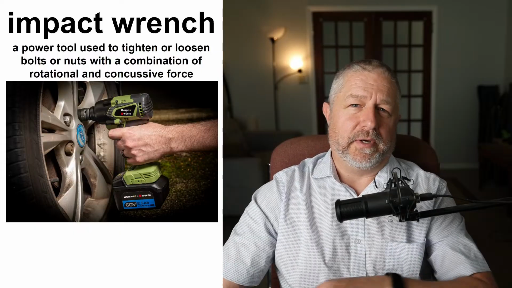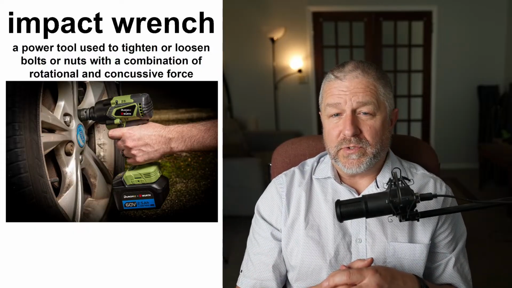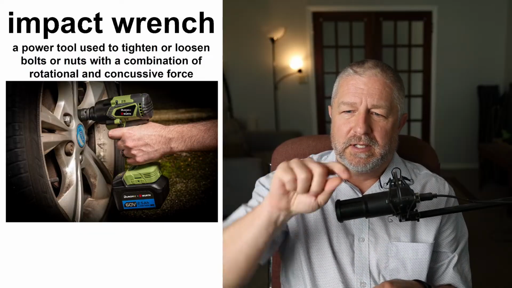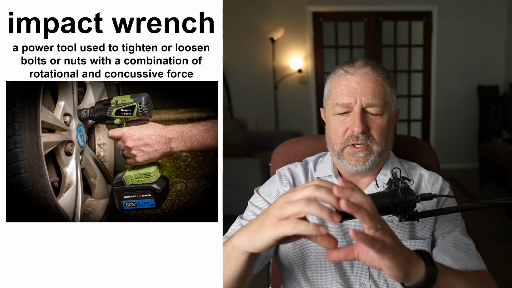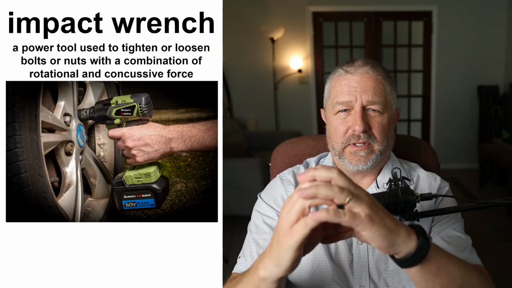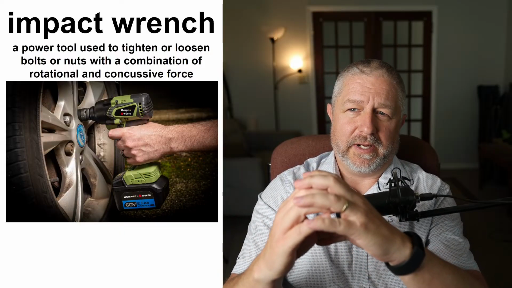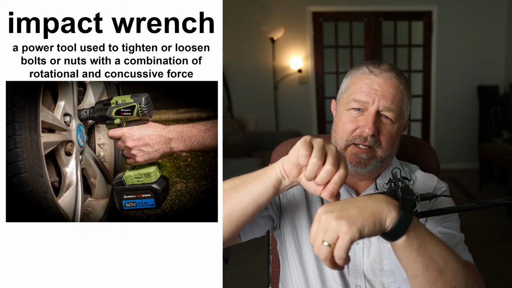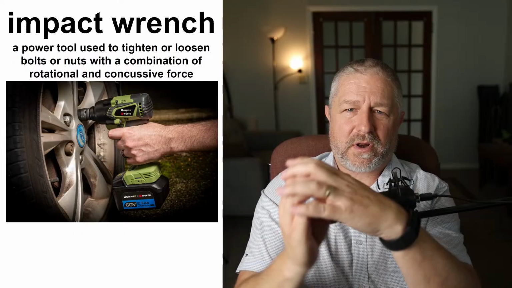An impact wrench or impact gun, a power tool used to tighten or loosen bolts or nuts with a combination of rotational force and concussive force. So it turns, but if you listen to an impact wrench, there's also a small hammer inside. So it goes drrr, drrr.